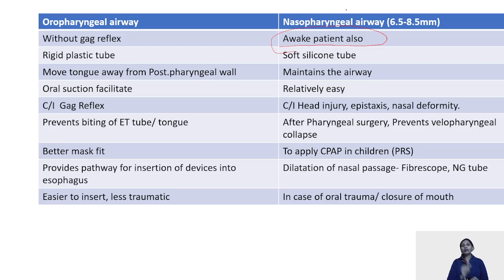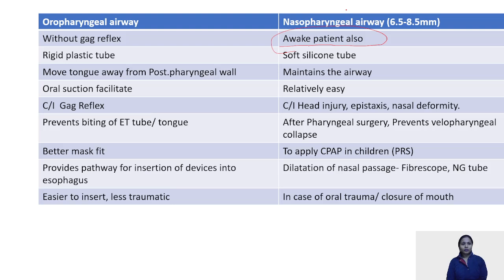Now, in this case, where the patient is conscious, the limb movements have already come, which means that the gag reflex will be present. In such cases, the airway of choice in order to maintain the patency is your nasopharyngeal airway, because the patient is conscious.